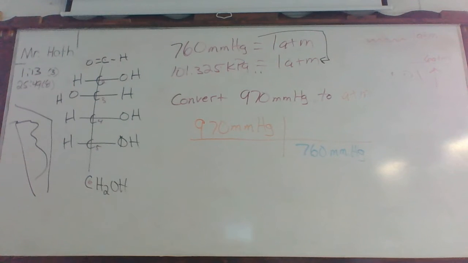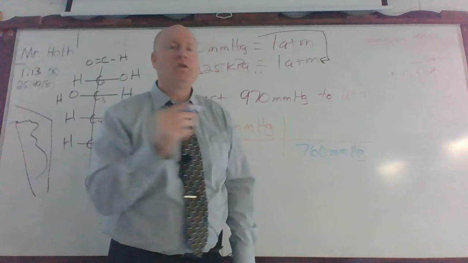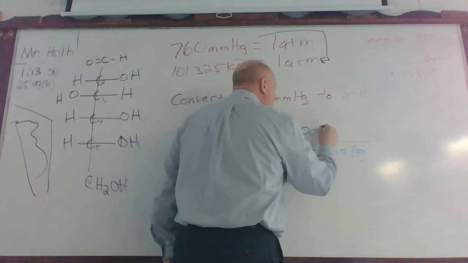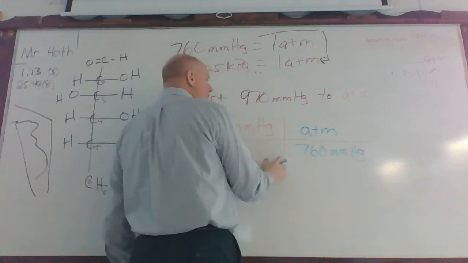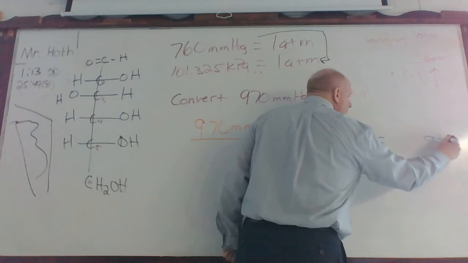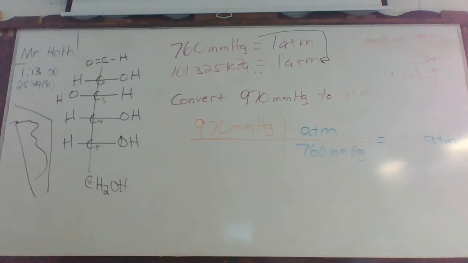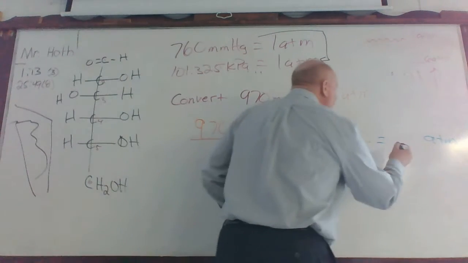And that many millimeters of mercury equals how many atmospheres? Just one. One atmosphere. So once we divide them two, we have our answer in atmospheres. Okay? Which, what is it, 1.12 or 1.28, all right?